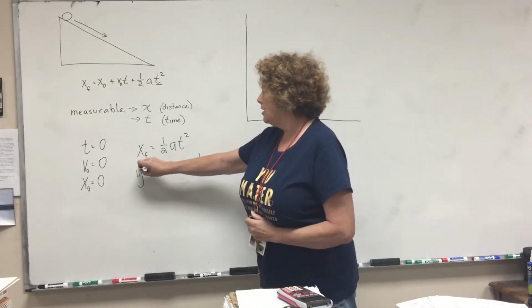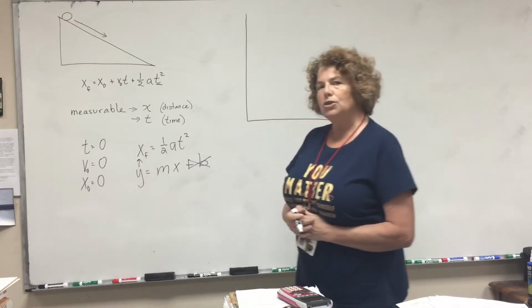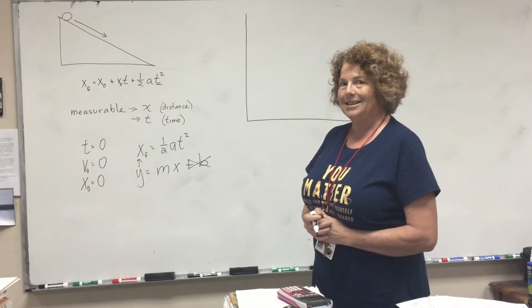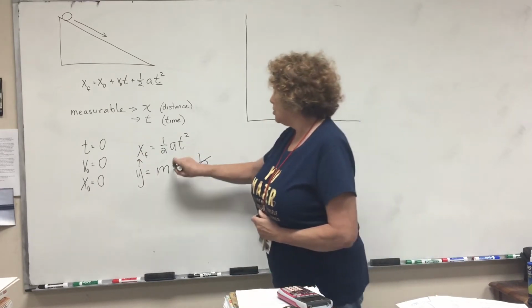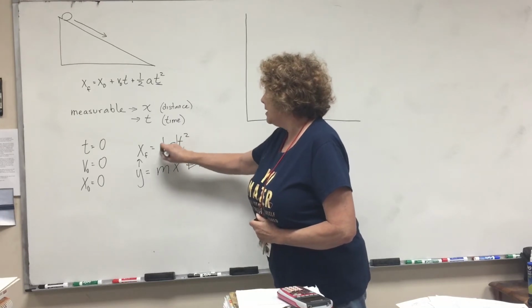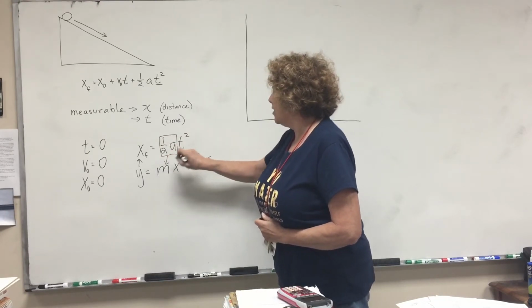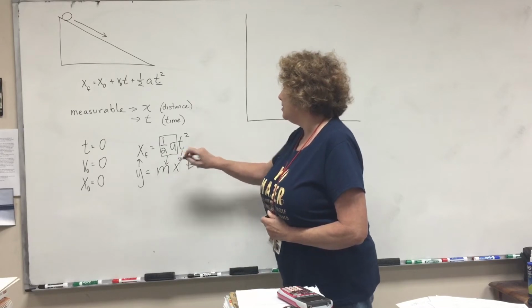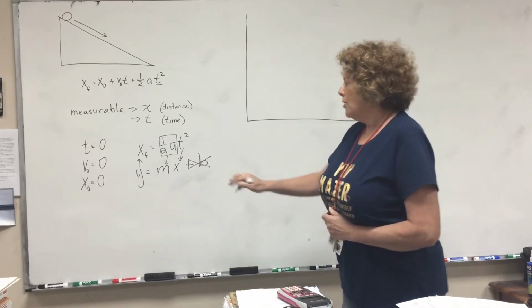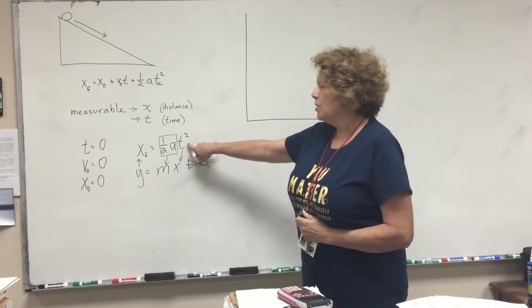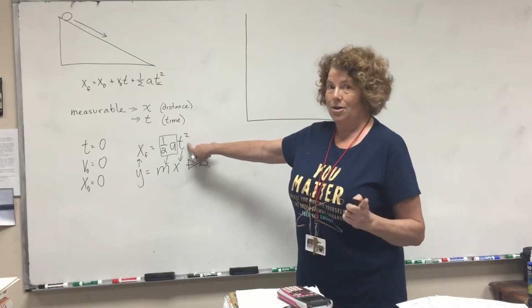So if you look, your y-axis is where you're going to plot your distances, your x's. Your slope is going to be what's in front of your other measurable thing. So your x-axis is going to be where you plot t squared.